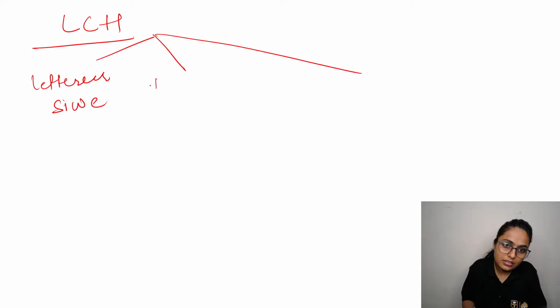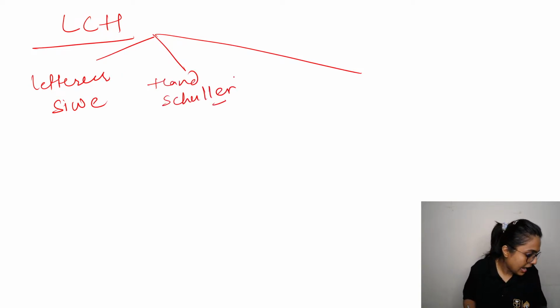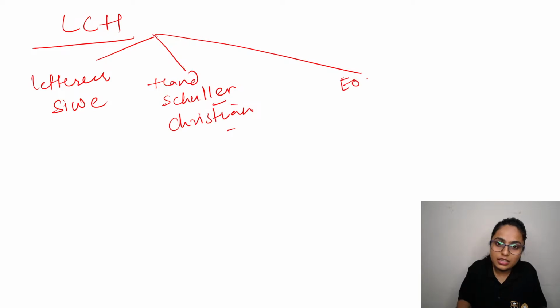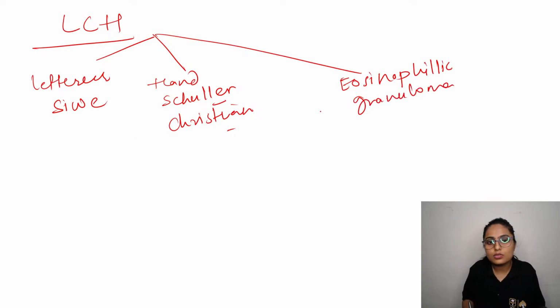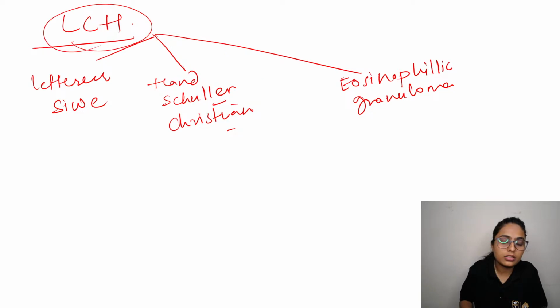Second is Hand-Schüller-Christian disease. Third is eosinophilic granuloma. Now they can give you these options also. Not in this question, they have just mentioned the common term Langerhans cell histiocytosis, but they can give you these options also.